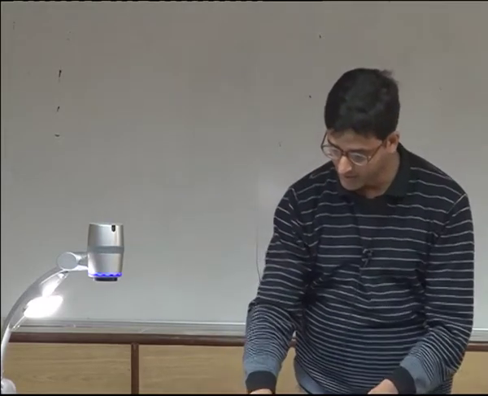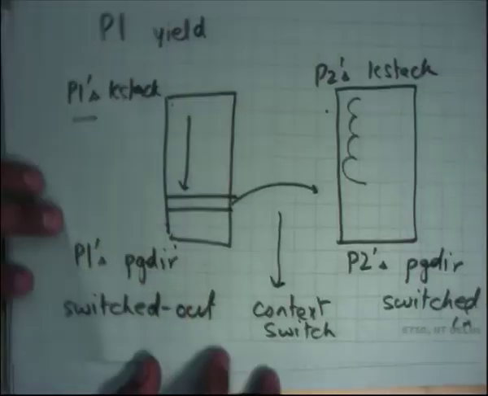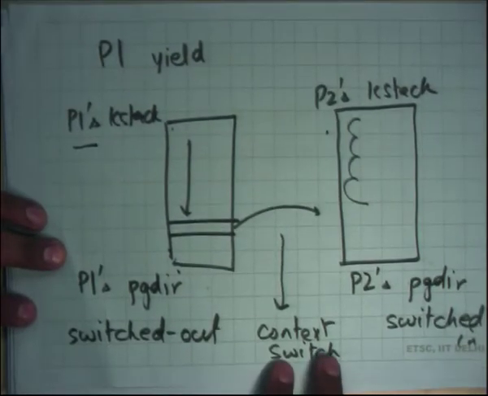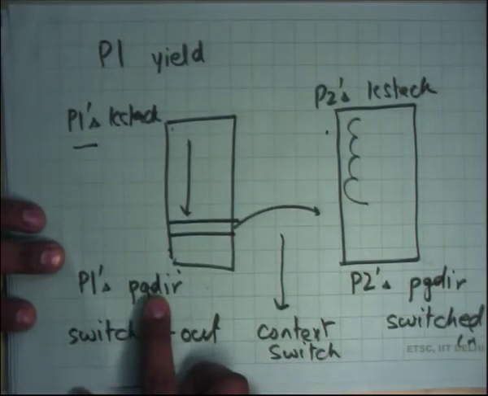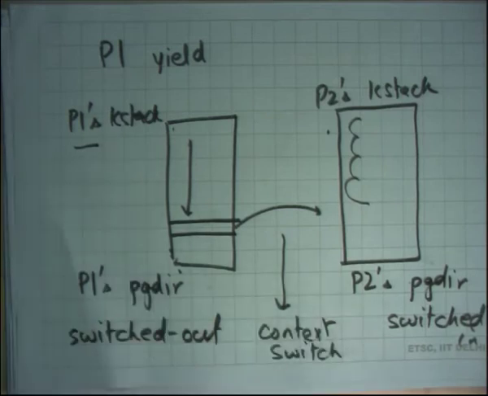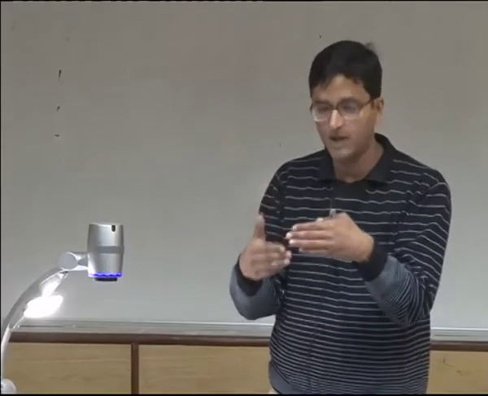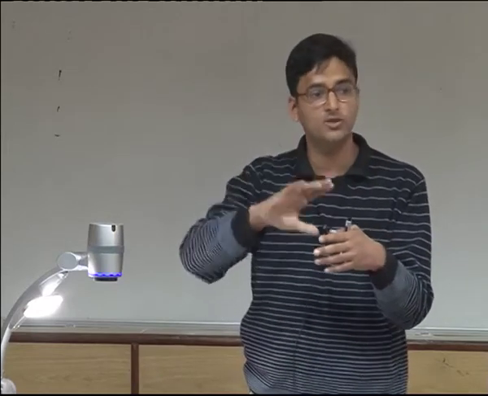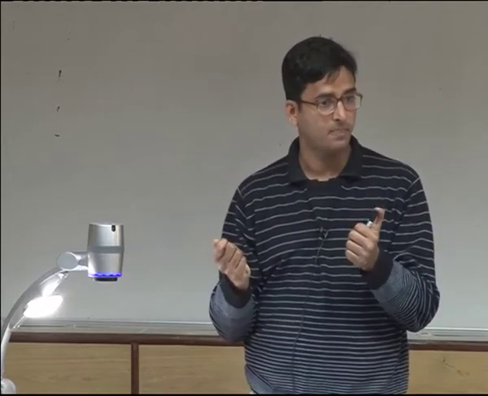The nice thing about this picture is that when you shift from P1's page directory to P2's page directory, because you are executing in kernel mode and the kernel is mapped identically in all the address spaces, there is no problem. It's not like the EIP has changed or the ESP has changed or the contents at EIP or ESP have changed. All the values currently are kernel values, and even if you change the page directories, you are okay, right.